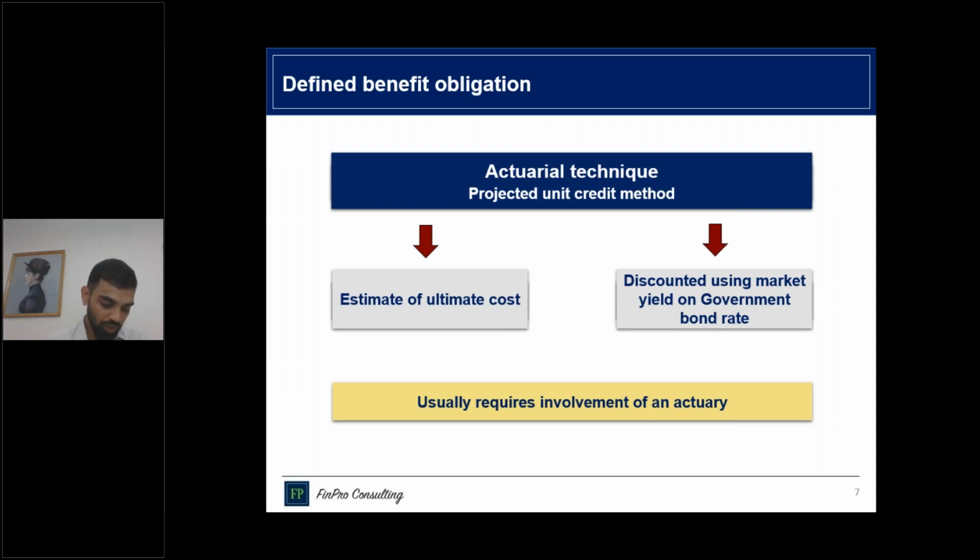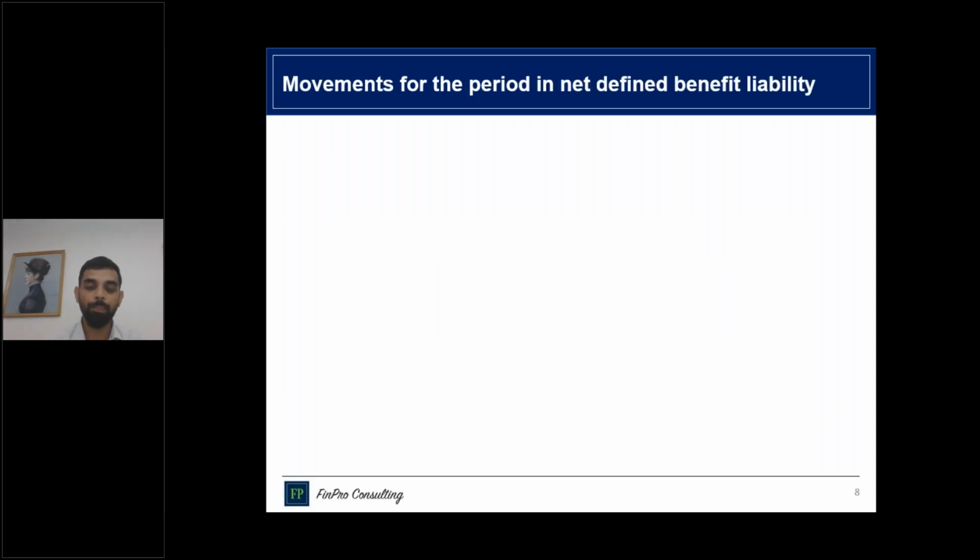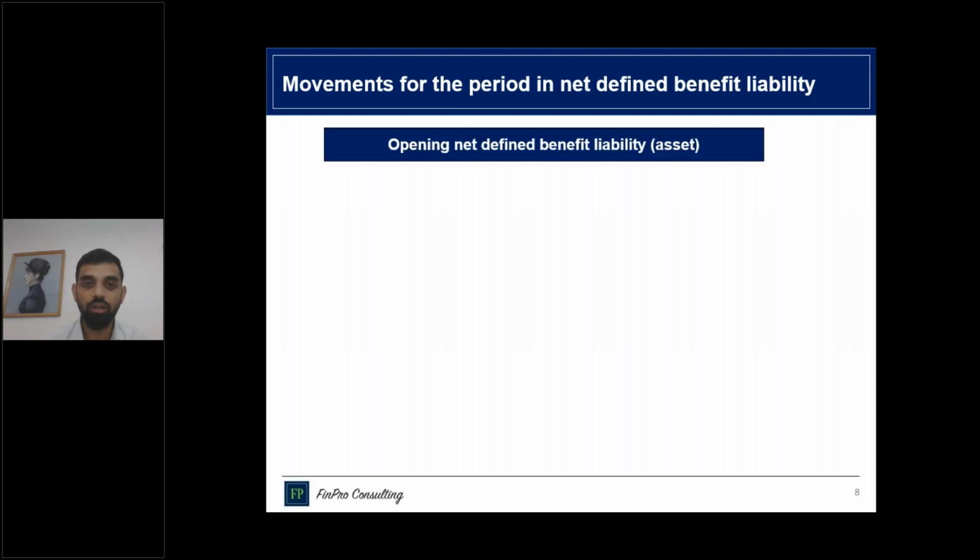Going forward to our next slide, we will now discuss what is really meant by the wordings, the different statements and the different terminologies used in an actuarial valuation report. You have seen there are a lot of tables in the actuarial valuation report.